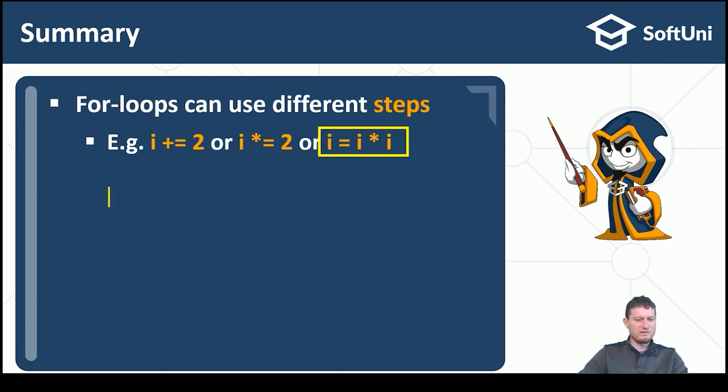So this will generate something like, for example, 3, then 9, then 81, etc., if I start from 3, which is very interesting. So we may have any formula which transforms a certain number to the next number in the loop.